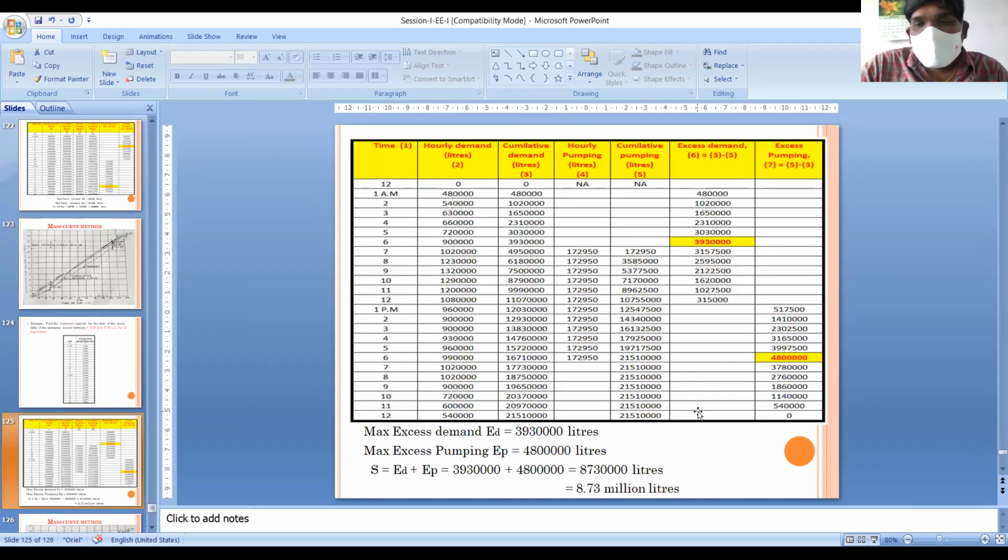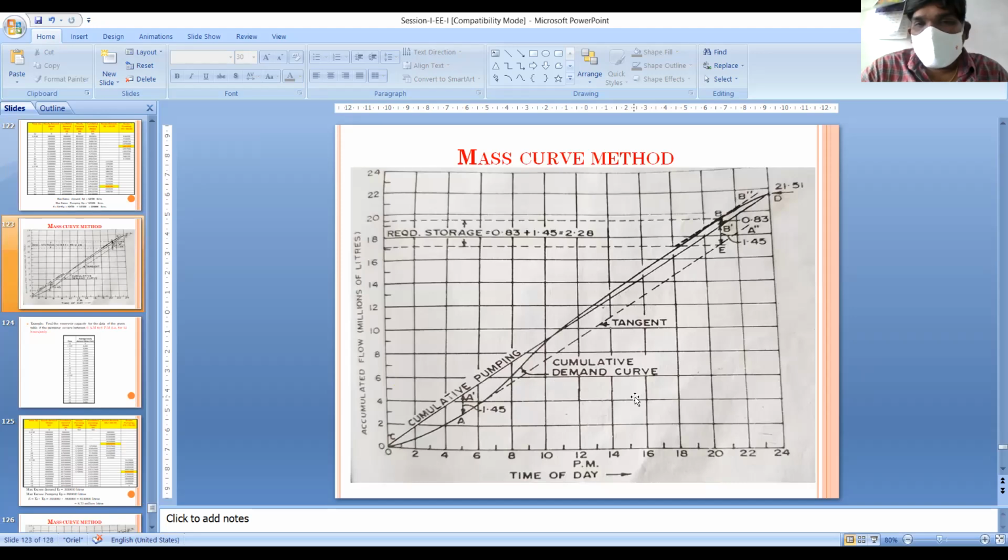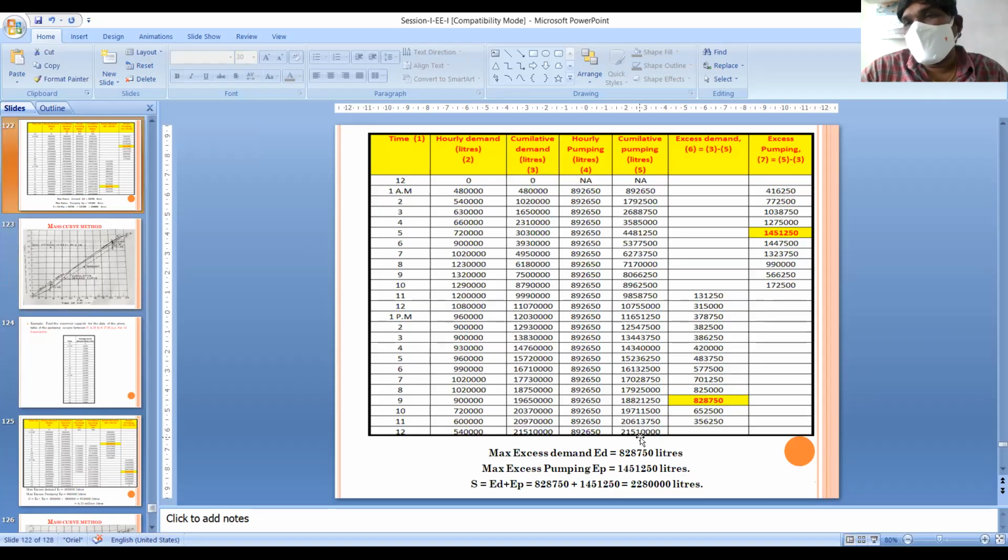Understand? Like this, we'll find out the storage capacity of a reservoir. I'm sure when we go for offline classes, once they start, we'll go for different methods for these types of problems. But this is just an example of how we'll put it on a graph and go for the solution, the figures, the values. This is about the mass curve method.